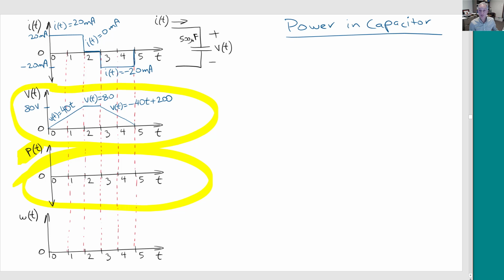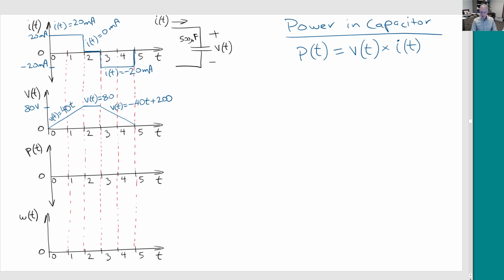Okay, so let's see how we're going to do that. How do we calculate the power in a capacitor? Well, we know that power is simply voltage times current. Okay, so then, do we have the voltage and the current? Well, we do. We have the current in this waveform here, and we have the voltage in this waveform here. There are different ways that we can solve this, and one of the ways is just graphically.